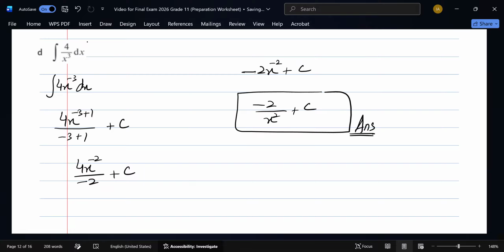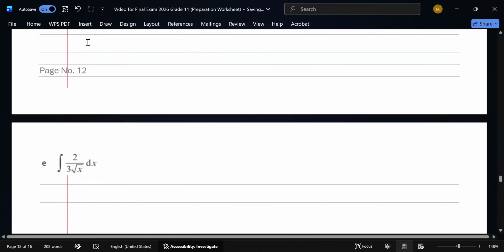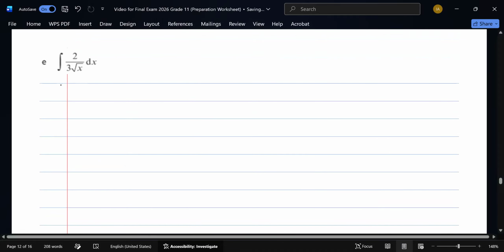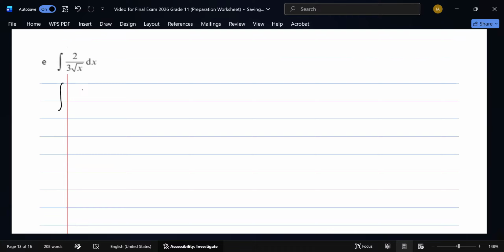Okay, let's take the next part. First thing first, square root x means power half.